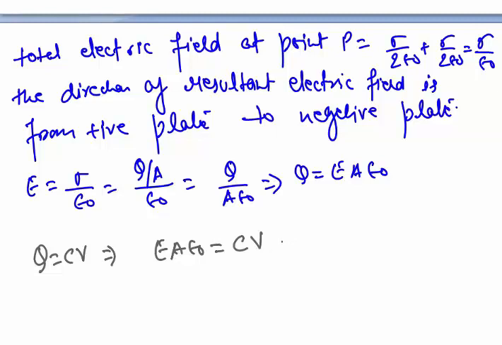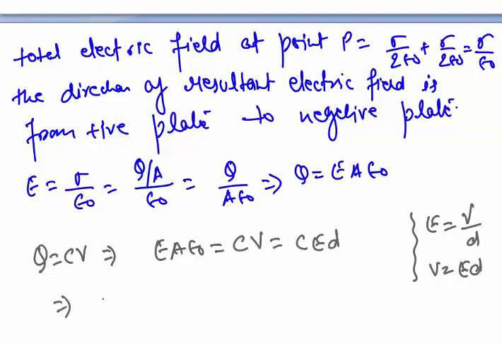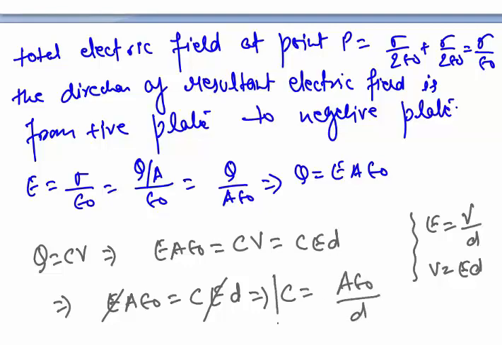From electrostatics, E is equal to V by D, taking only the magnitude, so V is equal to E into D. So E into A into epsilon is equal to C into E into D. The E goes off, and it implies C is equal to A epsilon divided by D.